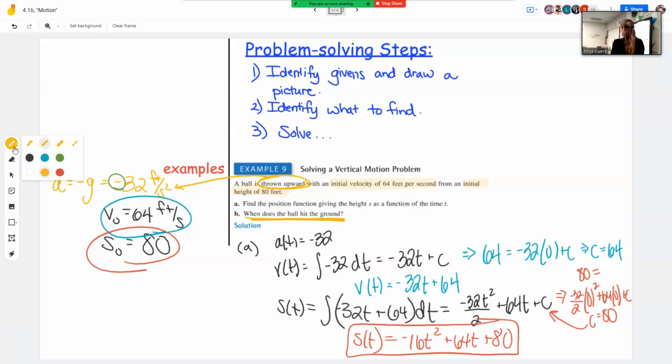This is one of the most confusing, or I should say the easiest missed, concepts in all of motion. Hitting the ground, the velocity is definitely not 0, or else no one would ever get hurt and nothing would ever break. If you hit it not going any speed, you're fine.